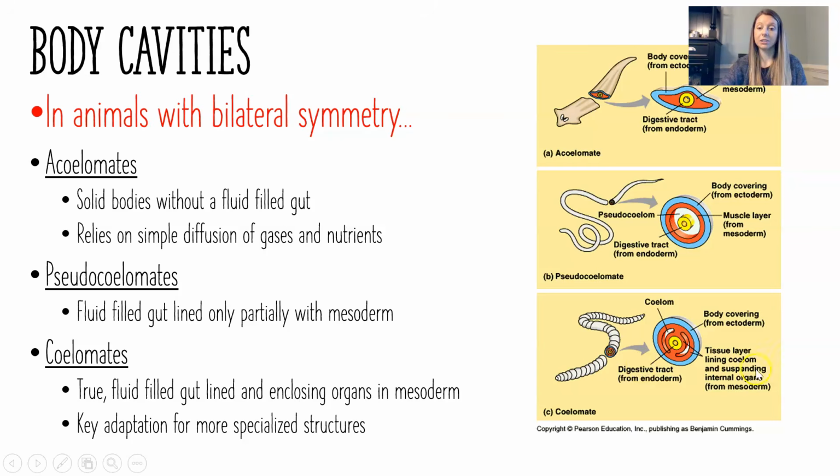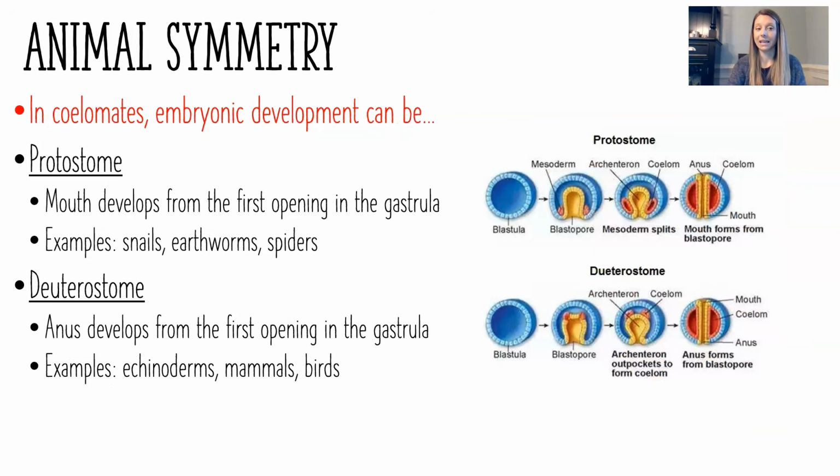And then true coelomates, which is basically everything after mollusks and segmented worms, are going to have a true fluid-filled gut that is lined with mesoderm and also encloses all the organs with mesoderm as well. This was a key adaptation for more specialized structures, more specialized systems within the animal.